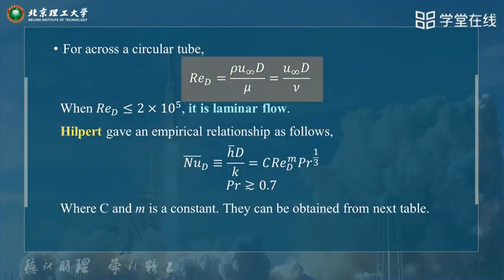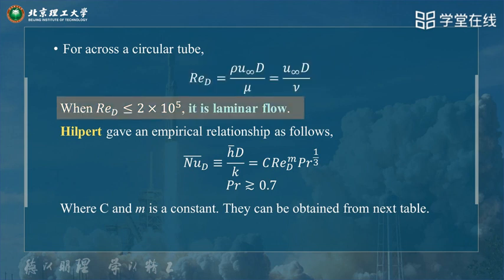Reynolds number D, where D is the diameter, equals rho U infinity D over mu, also equals U infinity D over nu. Here Re D smaller than 2 times 10 to the power 5 is laminar flow. In this region is laminar flow.